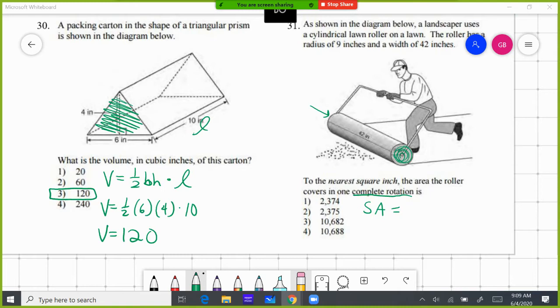Okay, so the surface area of a cylinder is 2 pi r h plus 2 pi r squared. This part I'll call the tube or the shaft of that cylinder, and this part is the end caps. For this particular problem, we do not include the end caps.